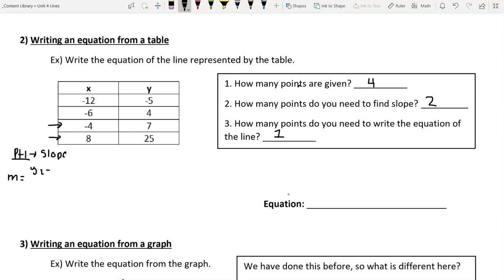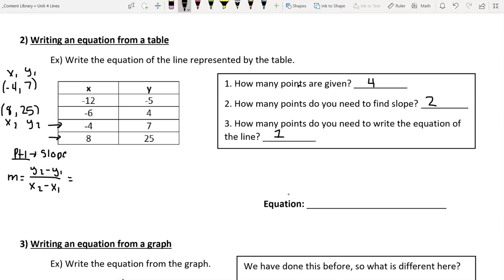So y2 minus y1 over x2 minus x1. If it helps, write these as ordered pairs: (-4, 7) and (8, 25). And label them x1, y1, x2, y2, to help you out a little bit.